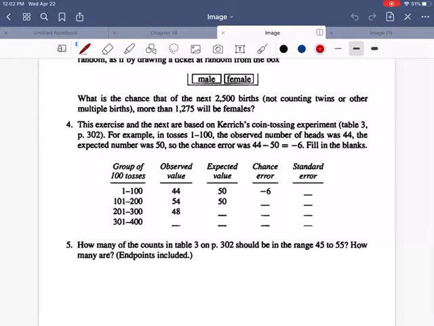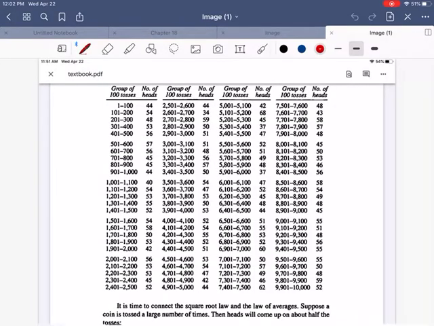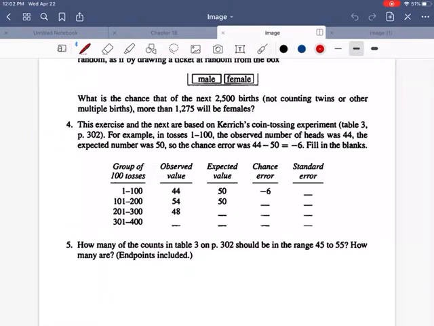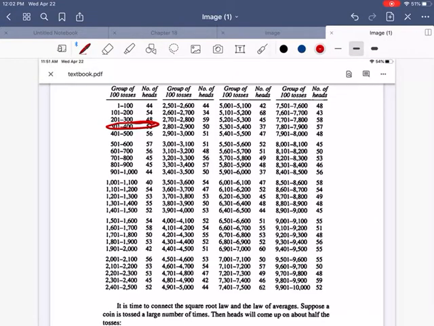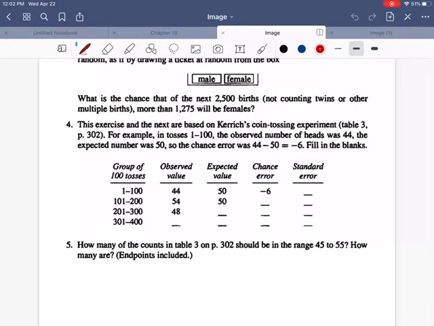So let's start with the observed to get this last one, 301 to 400. So let's see, 301 to 400 was 73 heads. Whoops, sorry, I said 73 and that's definitely 53. Okay, so this one's 53 heads. With all of them, it was 100 tosses. 101 to 200 is 100 tosses.